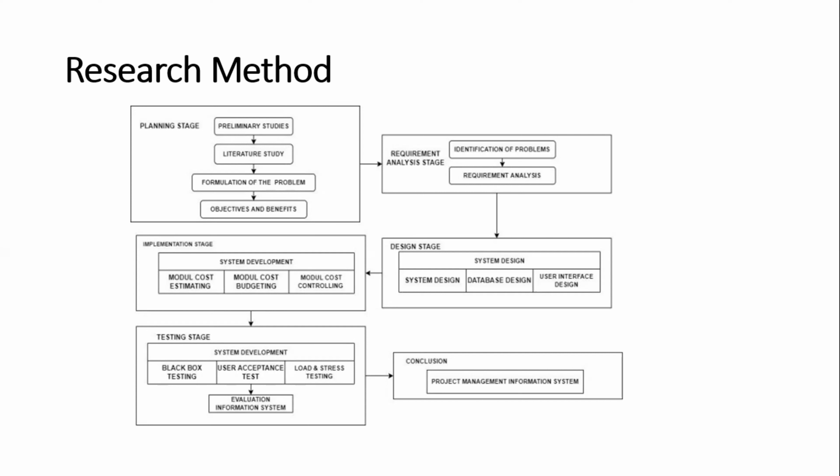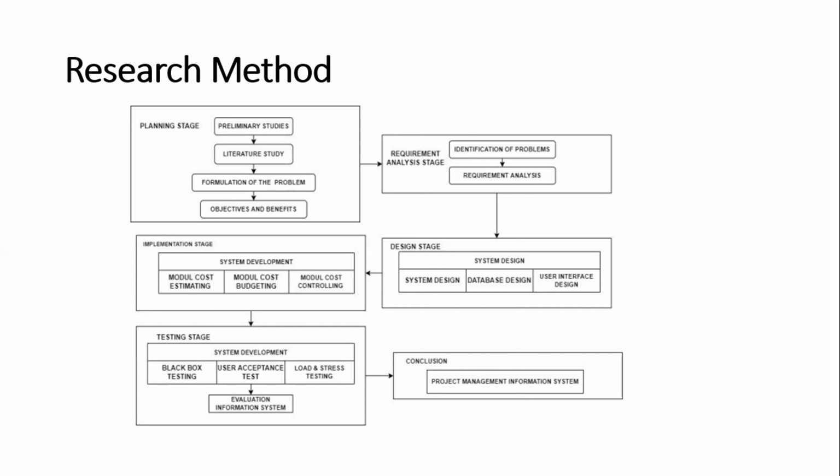The next stage is the testing stage, using black box testing, user acceptance testing, load and stress testing, and the last process in the testing stage is the evaluation of the information system.